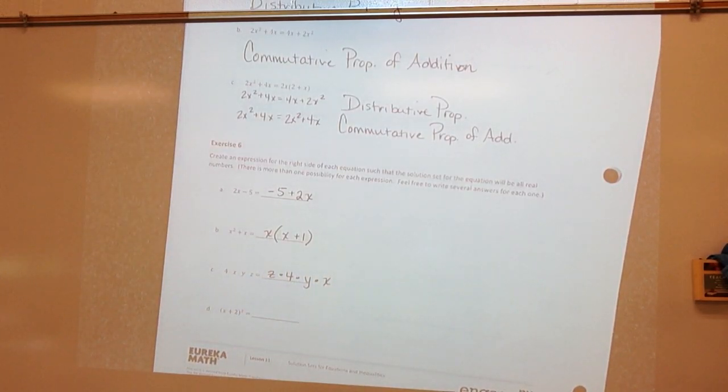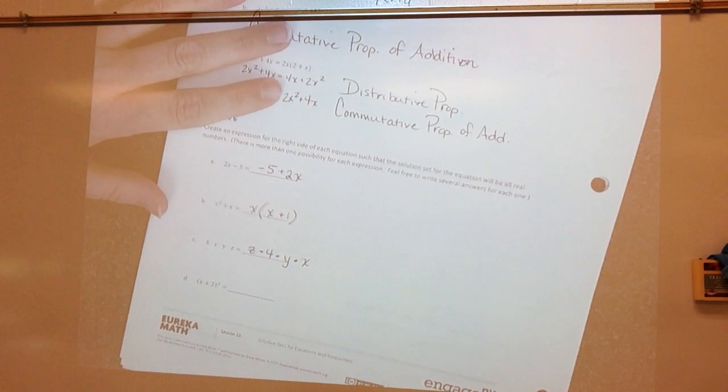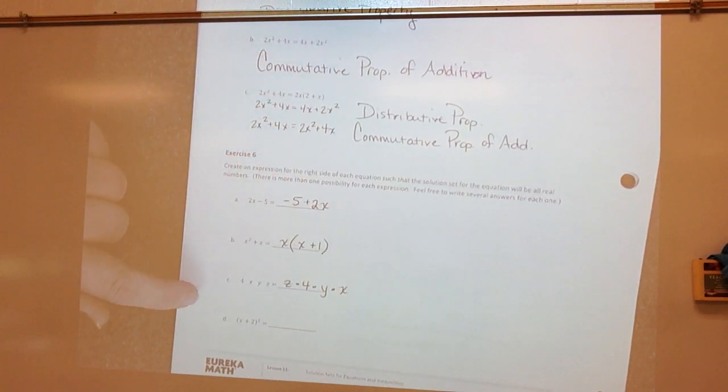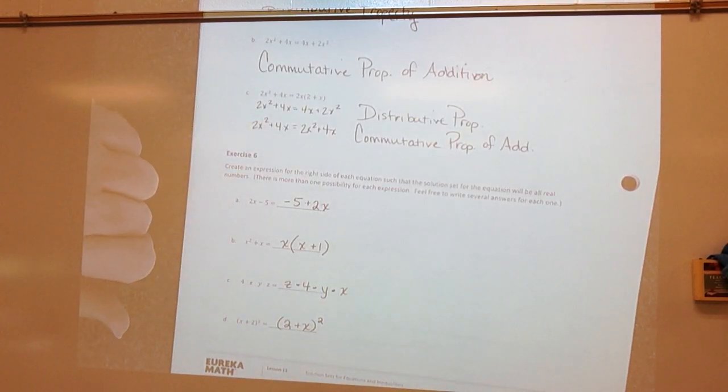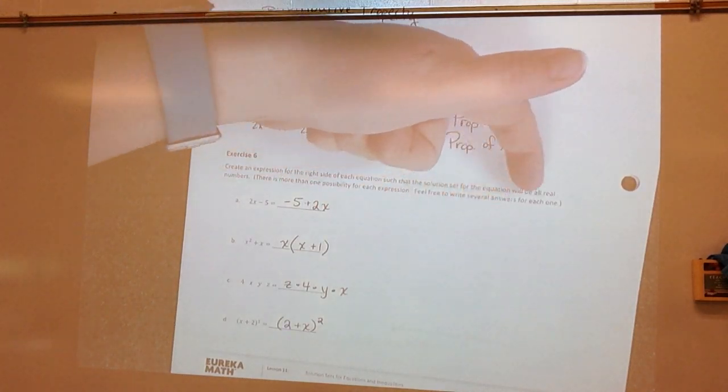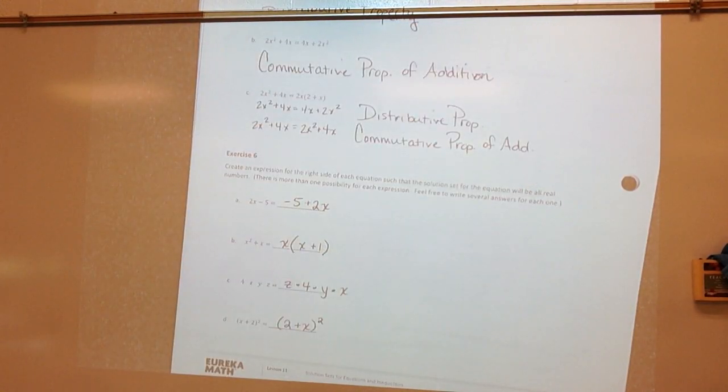It doesn't matter as long as I have the same 4 things on that side. And then x plus 2 quantity squared. I can rearrange everything inside the parentheses if I want. Or I can actually go ahead and factor that out if you want to do that. Like I said, some of these have different ways that you can do this.